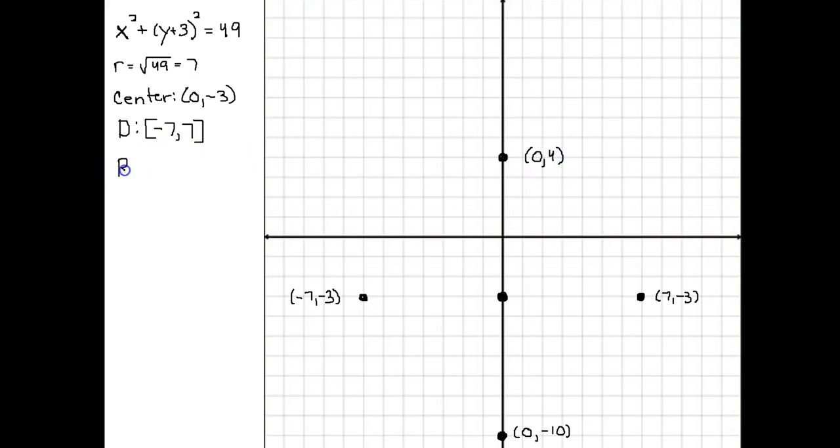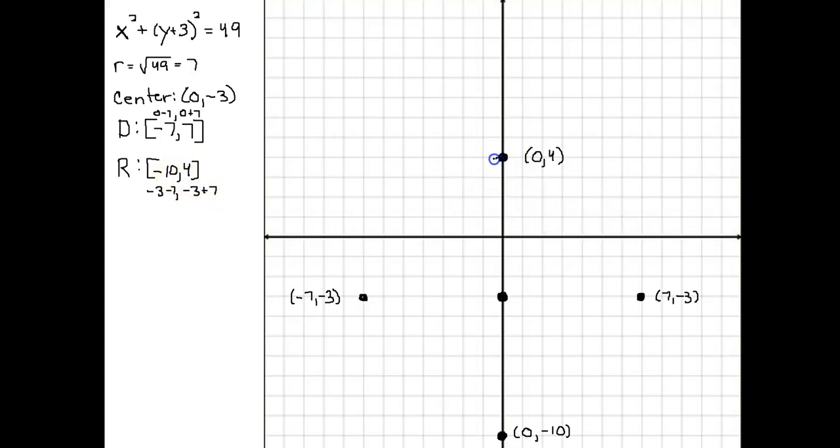So your range goes from -10 to 4. But notice, like your domain, you're taking the center h, 0, minus the radius 7, and then taking the center 0 plus the radius 7. Then for your range, you're taking the center's y value, -3 minus the radius, and then -3 plus the radius. And that gives you your range.